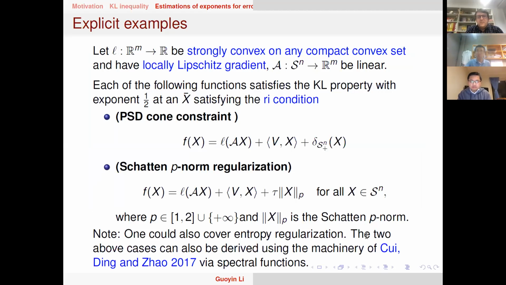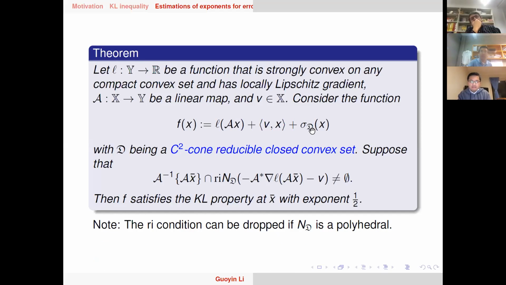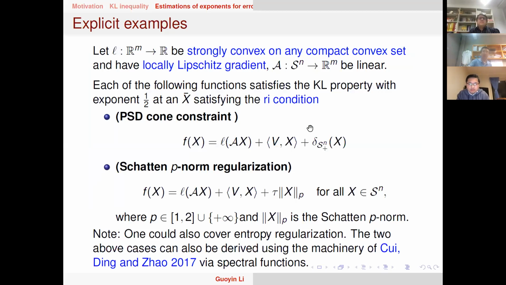Okay, some examples for that. So you can look at the positive semi-definite constraint, because if you remember, if I take D to be the positive semi-definite cone, it is C2 cone reducible, then the support function of the positive semi-definite cone will be the indicator function of its dual cone, which is the positive semi-definite cone itself. So you will arrive at the semi-definite cone constraint of this kind of function.